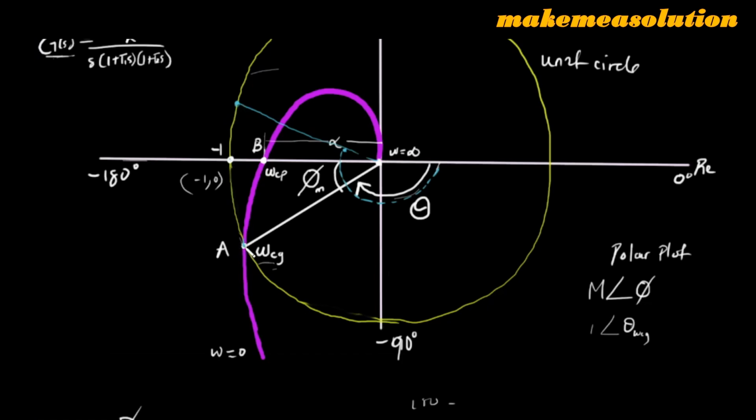We will always want to make sure that the point A is below this minus 1 point, or we can say the point A is actually shy of the minus 180 degree line. So for our system to be stable, the point A must be shy of this line always. It must not be above it. It must always be beneath this particular line.